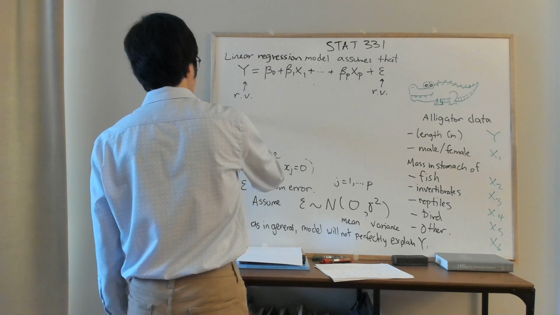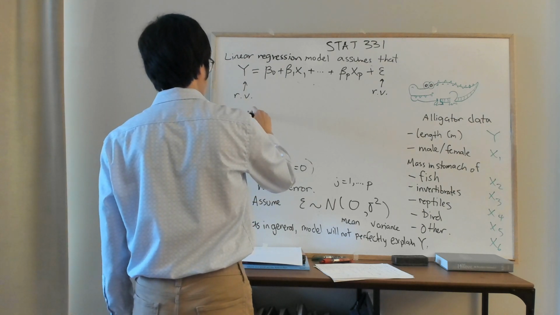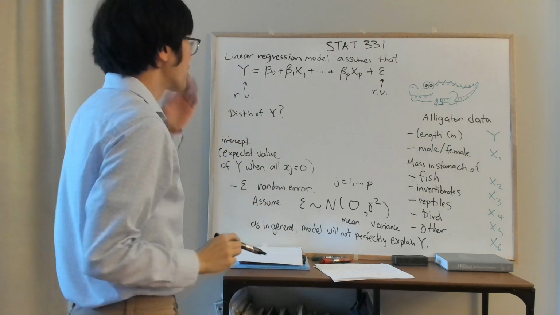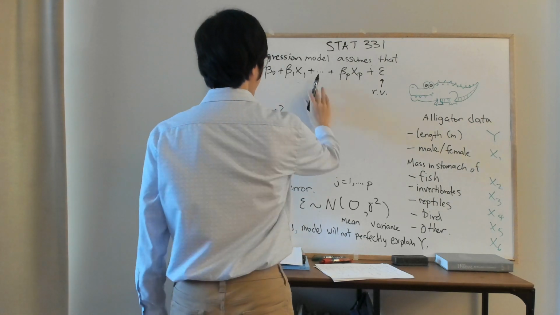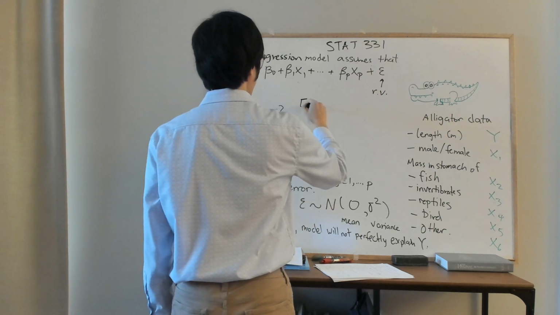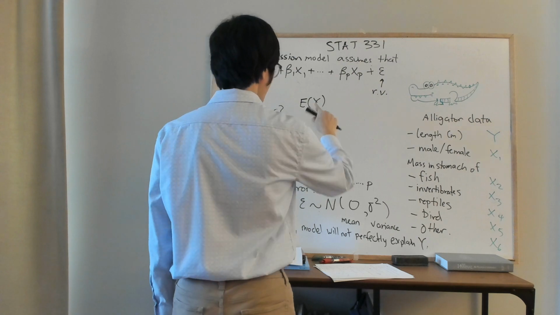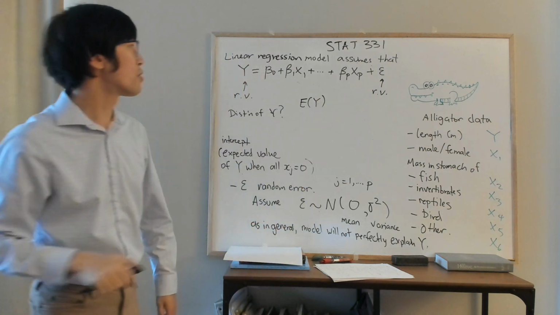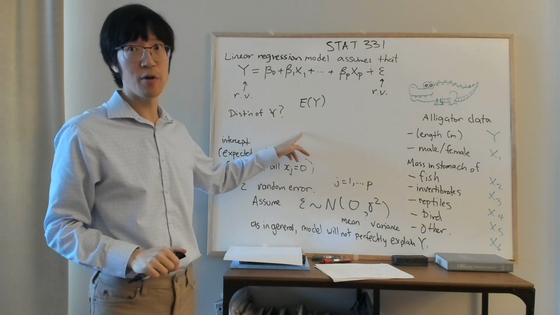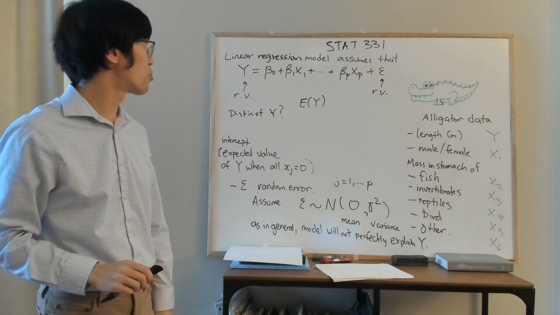Okay, so let's answer the question: the probability distribution of y. Let's do it in two steps. First, what is the expectation of y? This is where we need the expectation and variance operators from working with probability distributions.